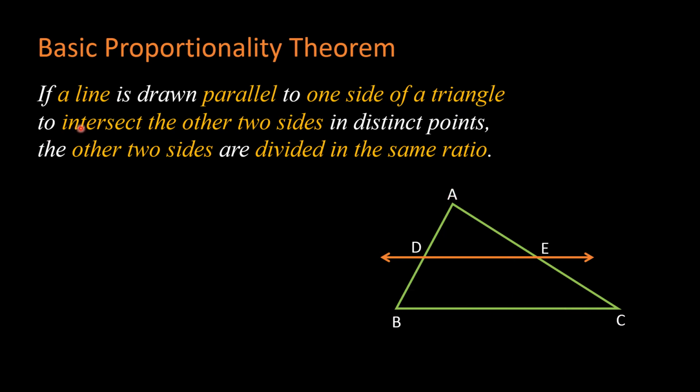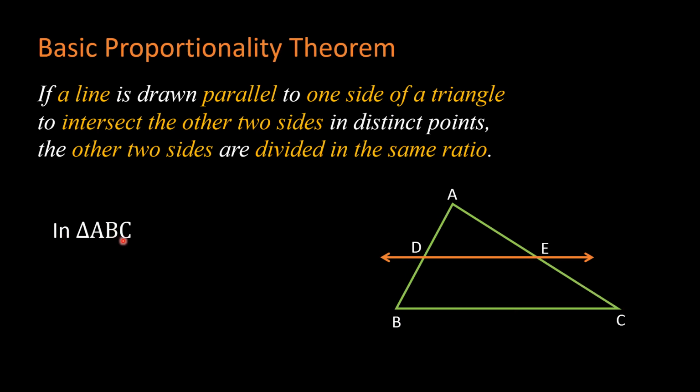This line intersects the other two sides in distinct points, that means side AB and side AC, in two distinct points, that is point D and point E. If such is the case, then the other two sides, side AB and side AC, are divided in the same ratio. That is, AD divided by DB equals AE divided by EC.